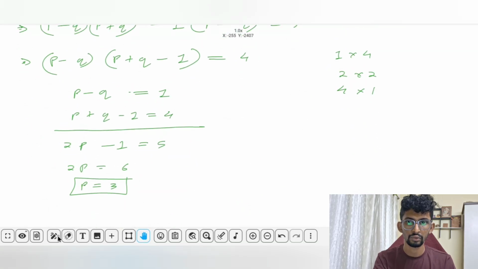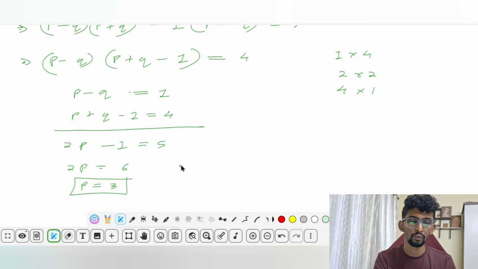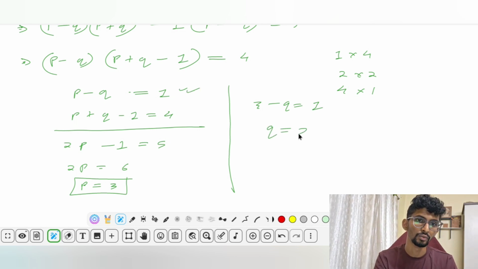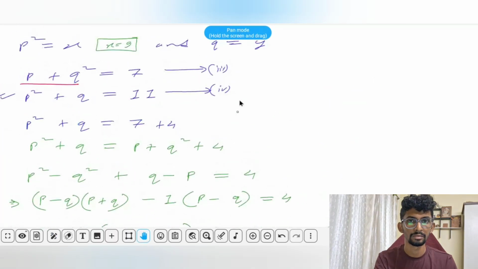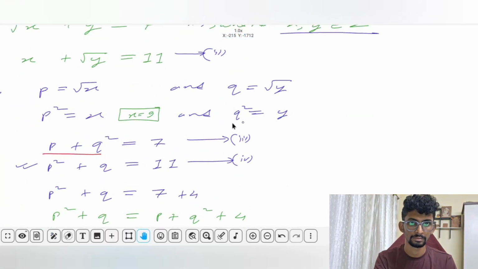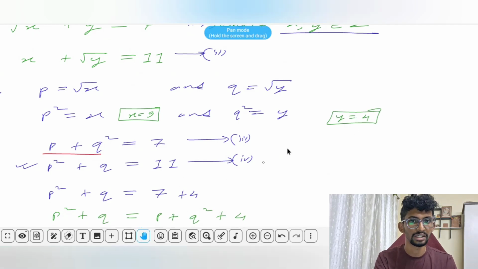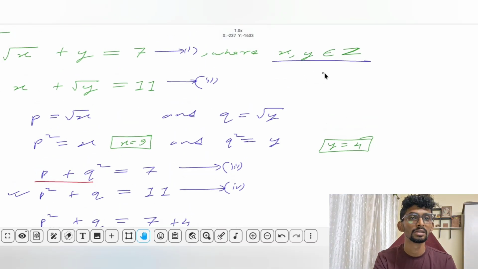Now if p is 3, q will be, 3 minus q equals 1 from this equation. So from there we will get q as 2. Now if q is 2, y will be 4. Both are integers, so this can be the solution.